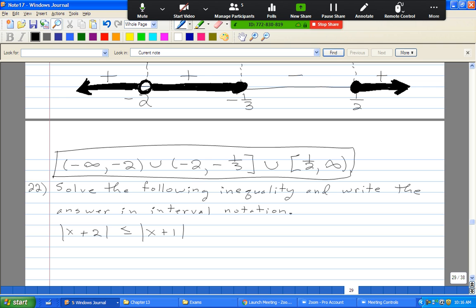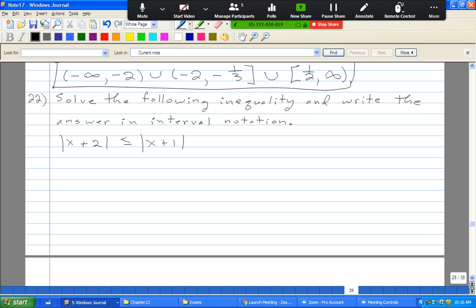Let me do problem number 22. Solve the following inequality and write the answer in interval notation.